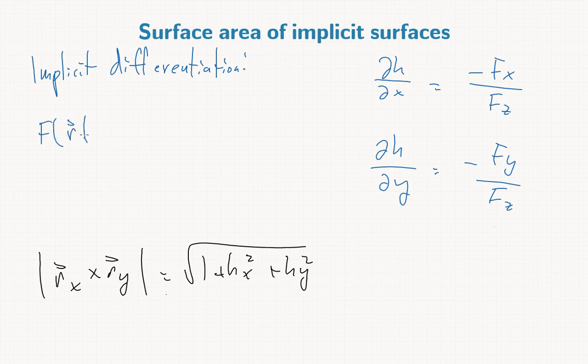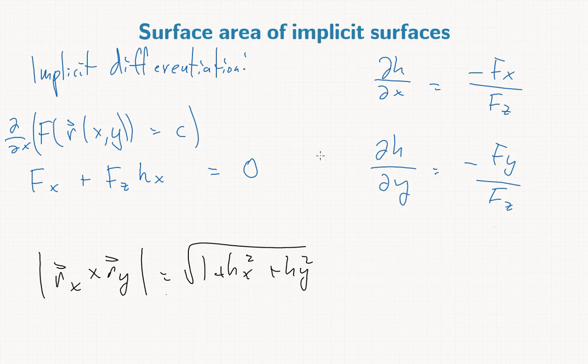As a reminder, how we derive these formulas is to say, okay, f of r of x,y by assumption is equal to c. So if we differentiate both sides, we get 0, since the derivative of a constant is 0. Then the chain rule tells us that partial by partial x of this is fx plus fz hx.